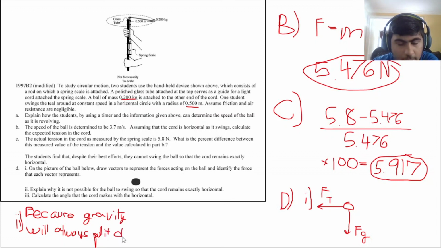No matter how hard you swing it, no matter what you do, if you are on Earth, you are going to have gravitational force. And that gravitational force is going to pull the cord down. And that's why it's not going to be horizontal.